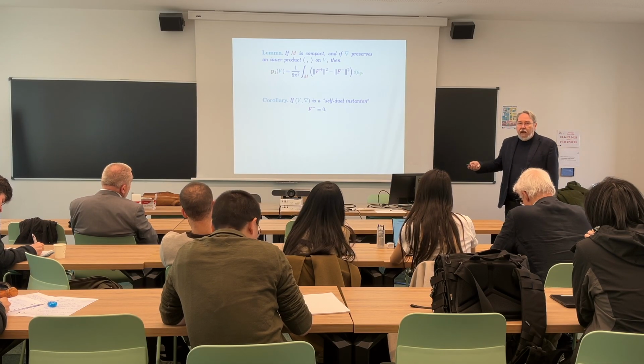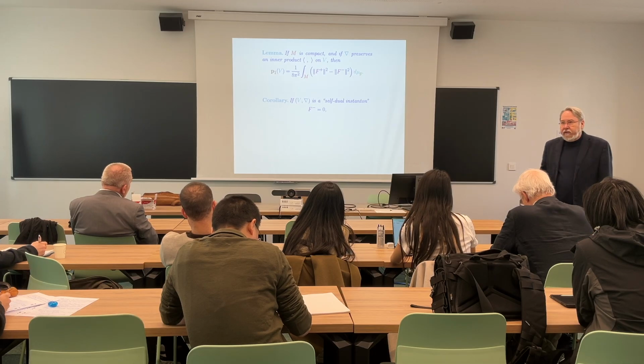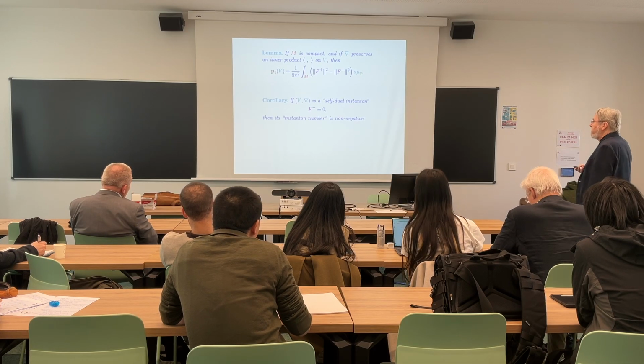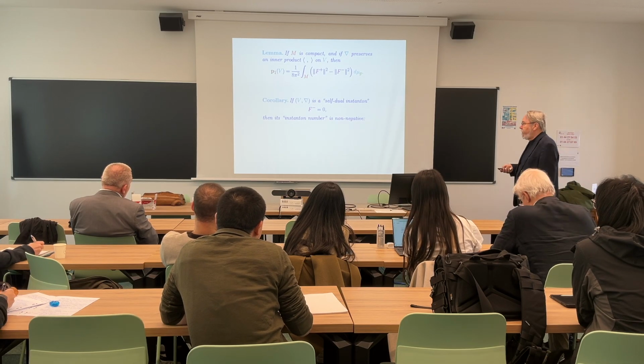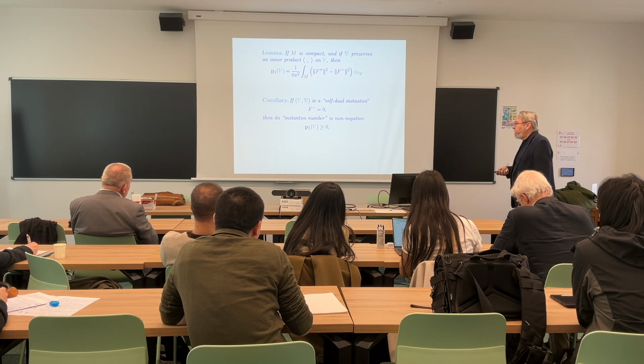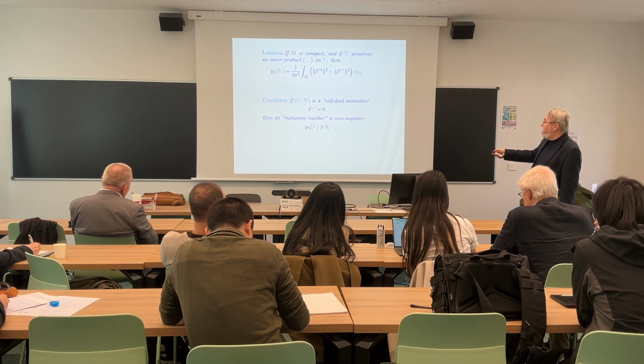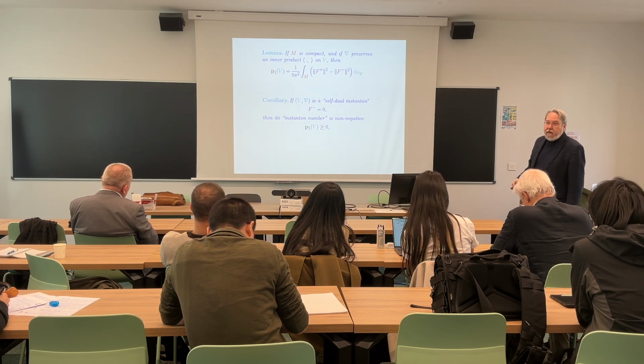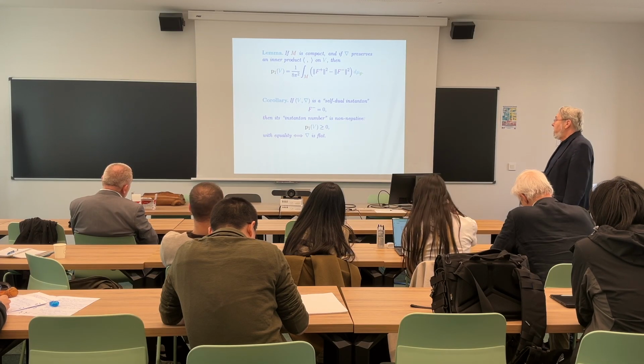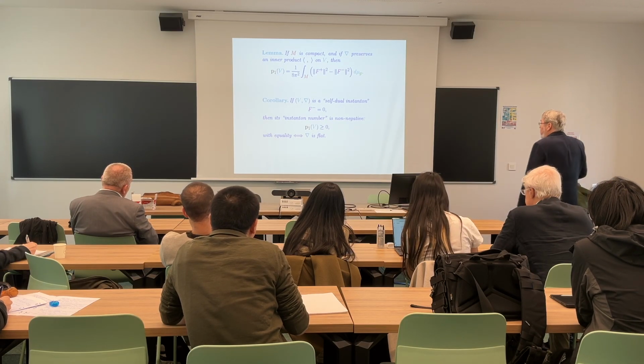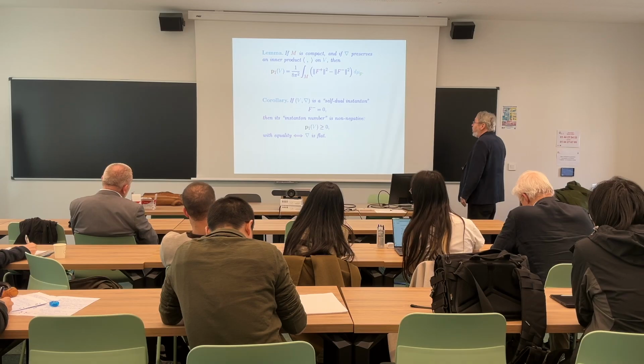The curvature of the bundle is in fact a self-dual bundle-valued two-form. Then this instanton number must be non-negative. All right, so then P1, just by looking at the definition, with F minus equal to 0, is non-negative, and it is equal to 0 if and only if nabla is flat, if it has 0 curvature.